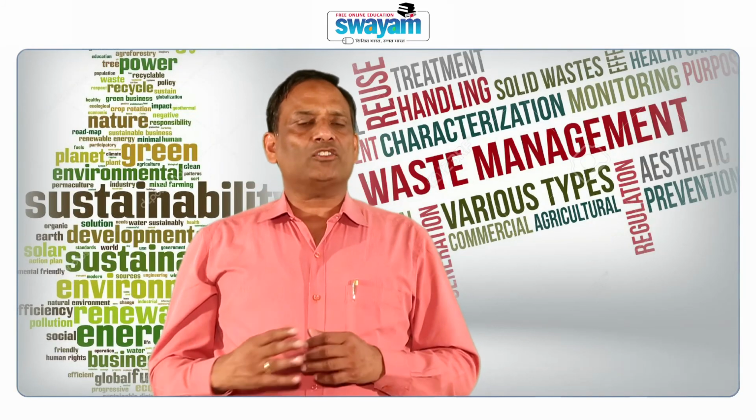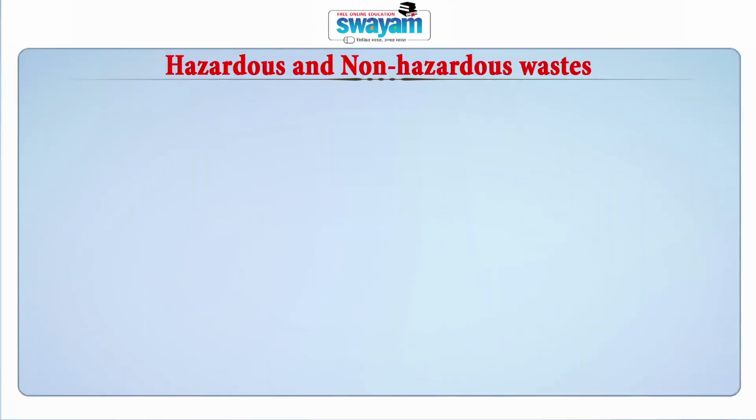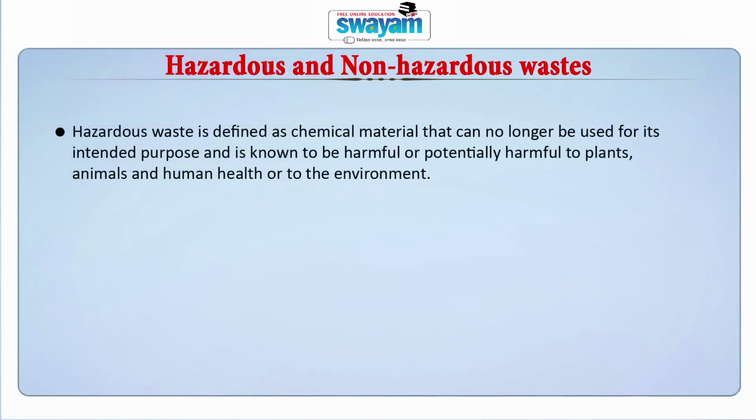Solid waste can also be classified as hazardous and non-hazardous waste based upon their properties. Hazardous waste is chemical material that can no longer be used for its intended purpose and is known to be harmful or potentially harmful to plants, animals, and human health or to the environment.